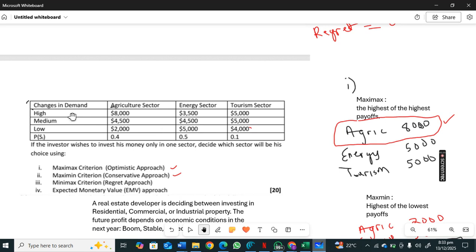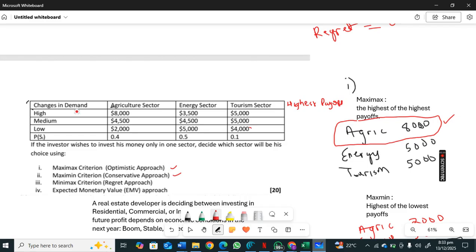You look at these changes in demand, and you're going to look for the highest payoff. So this is the highest payoff for the change in demand.